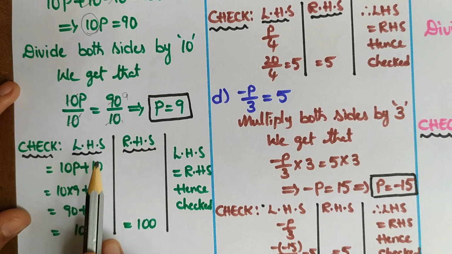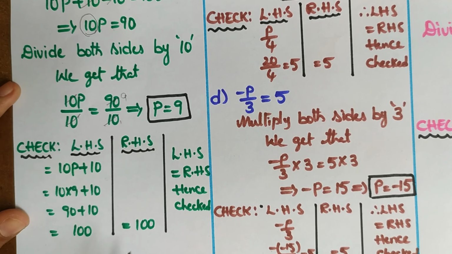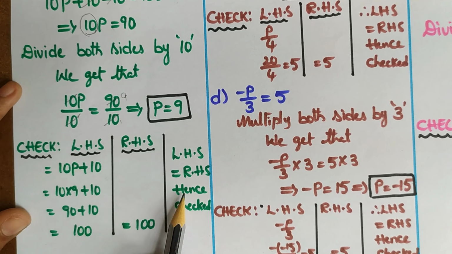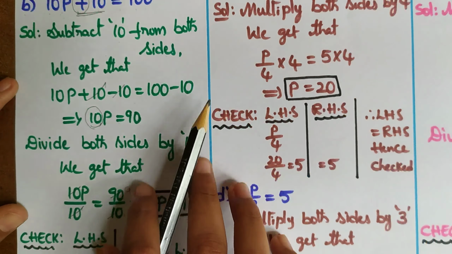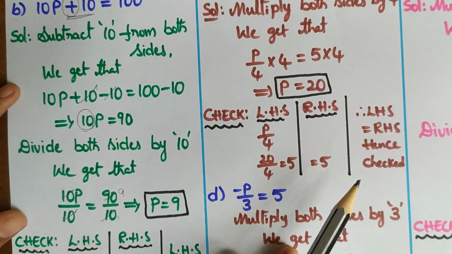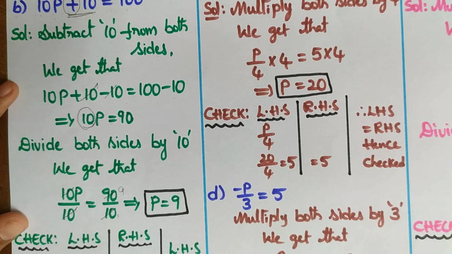LHS left hand side is 100, RHS right hand side is 100. Therefore 100 is equal to 100, where LHS is equal to RHS. Hence checked. Therefore, 10p plus 10 is equal to 100 where p equal to 9 is the answer for B bit.